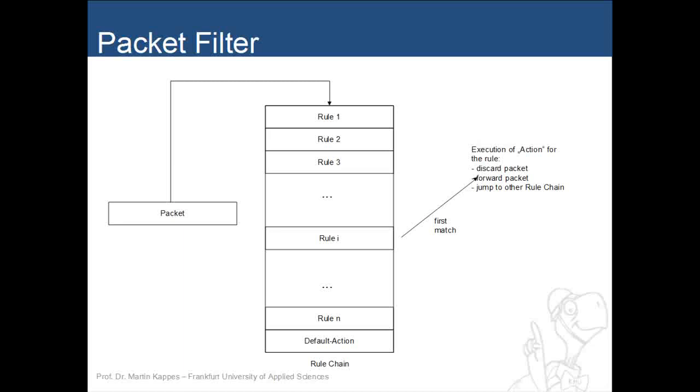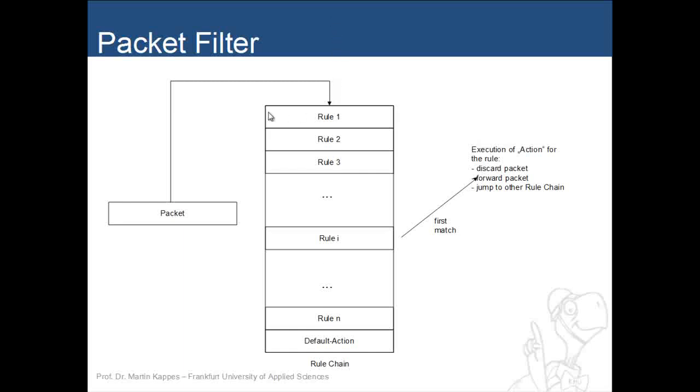And the typical configuration for a packet filter allows for two types of default action. One type of default action is to allow everything which is not explicitly prohibited, which basically means that the rule chains, if you specify it that way, specify what you don't want in your network.